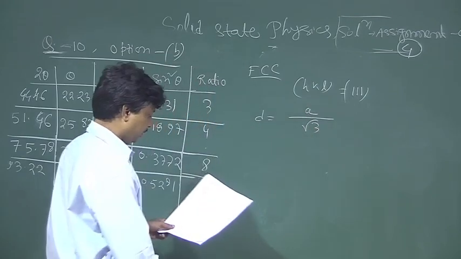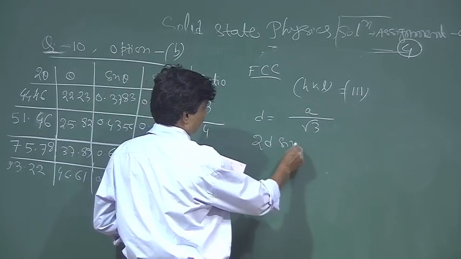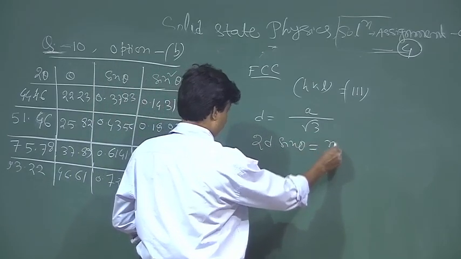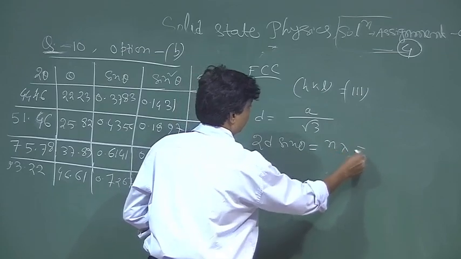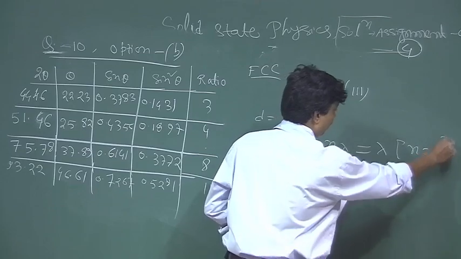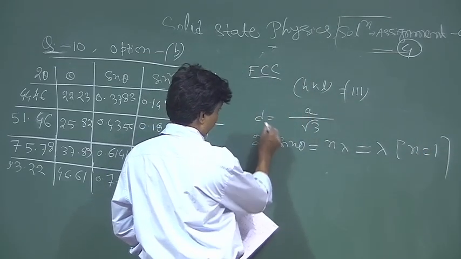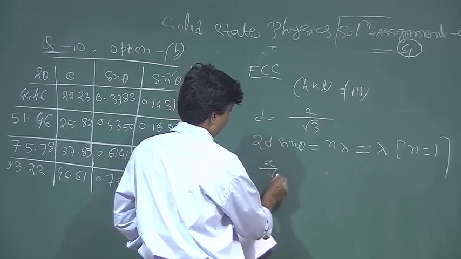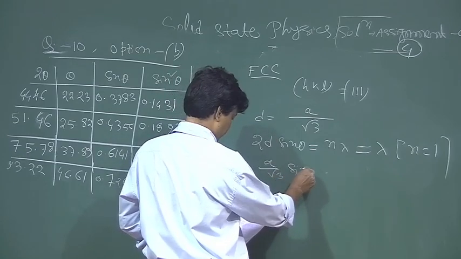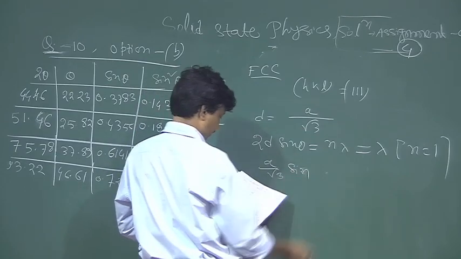Then we apply Bragg's relation, 2d sin theta equals n lambda, putting n equal to 1 for the first order. So, a by root 3 into sin theta.